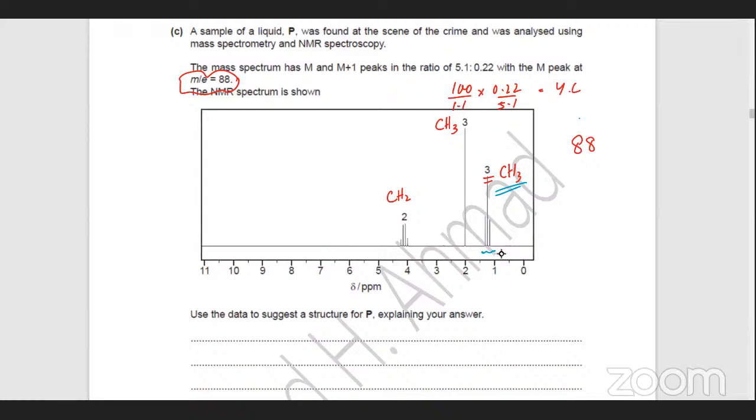That means its neighbor is CH2, or the neighbor has 2 hydrogens, because it's a triplet peak. This one is a singlet peak, which means the neighbor has no hydrogen. So the neighbor could be OH, or something that is not causing splitting. And this one is a quadruplet peak, which probably indicates that the neighbor is CH3.